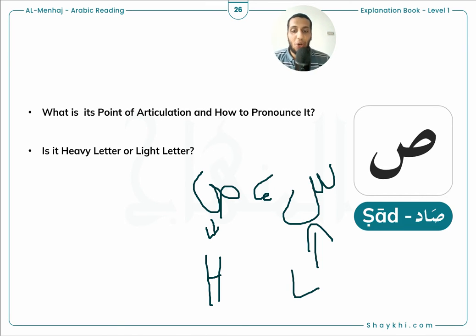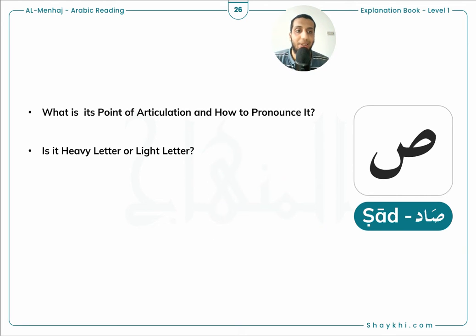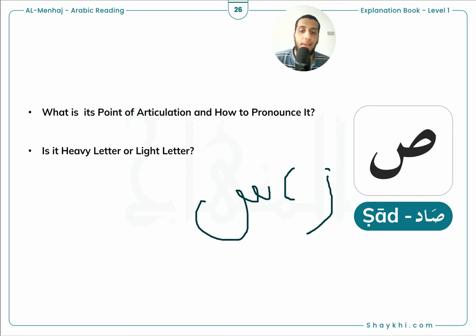So if we put now again letter Zay, Sin, and Sad, as a kind of revising this letter with the last letters. What is the difference between Zay and Sin?